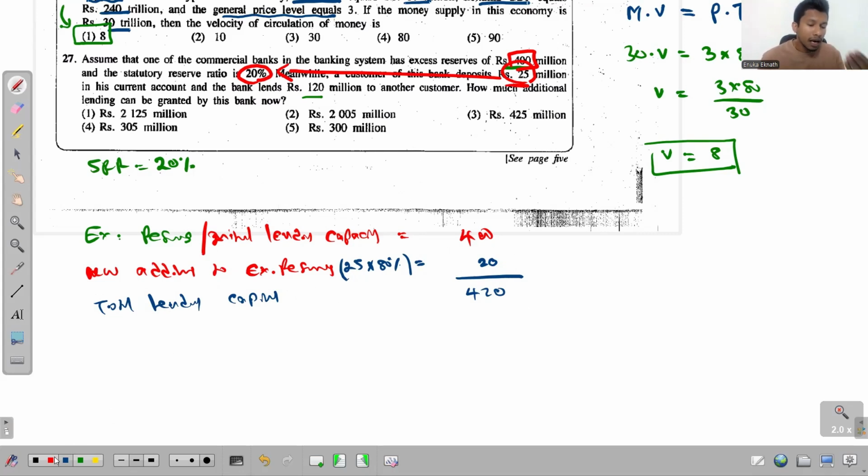But later on, what happens? The bank lends 120 to a customer, which means their lending capacity decreases. So from this, let's deduct the granted loan.